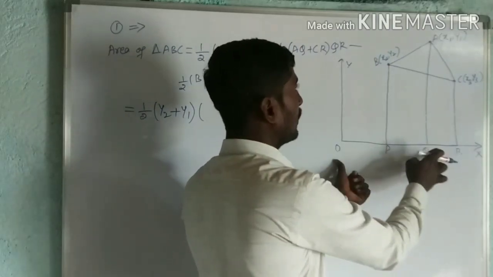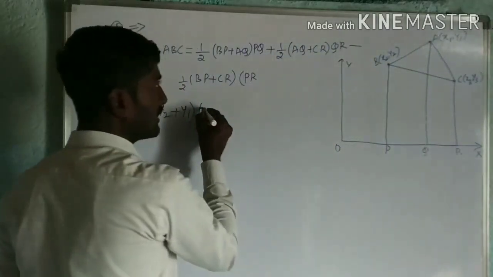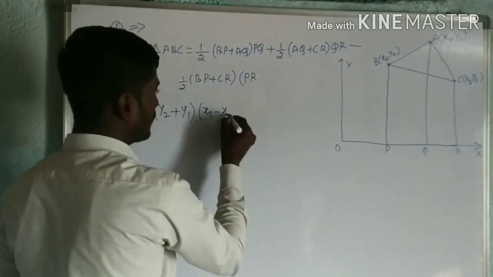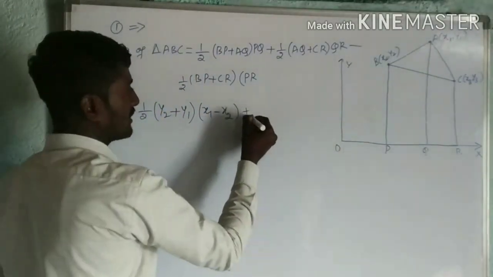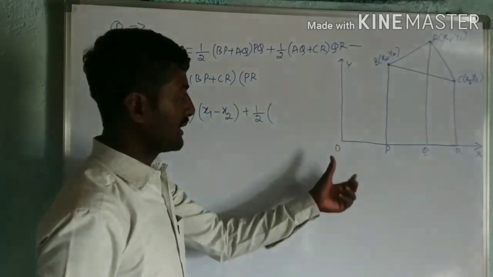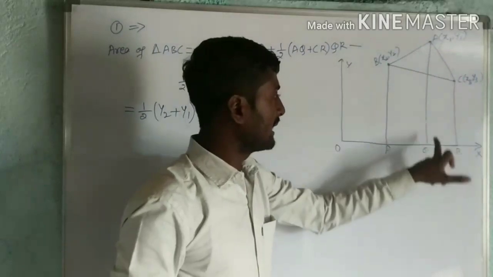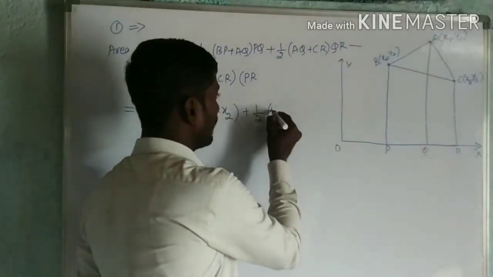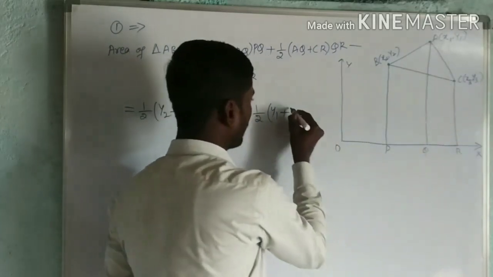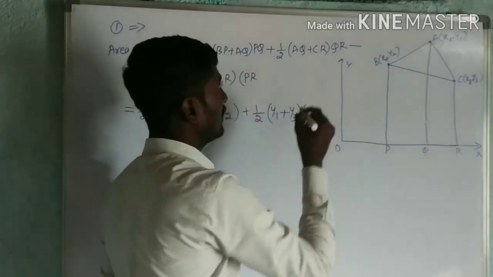So OQ is x1 minus OP is x2, x1 minus x2, plus 1 by 2 into, now AQ, where is that AQ? AQ is y1 plus CR, CR is y3, into QR.